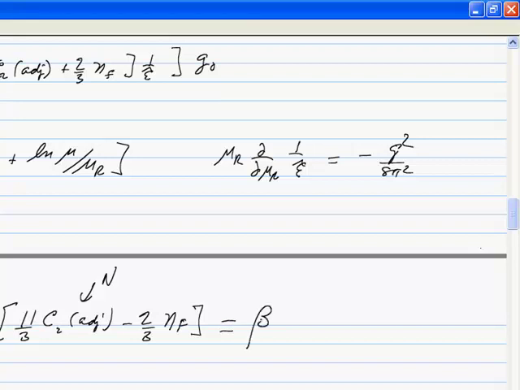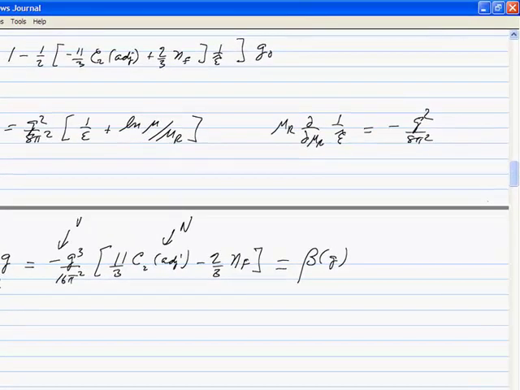That's the beta function of g, and this is the famous minus sign that gives you asymptotic freedom.